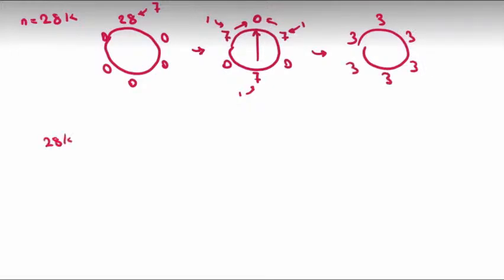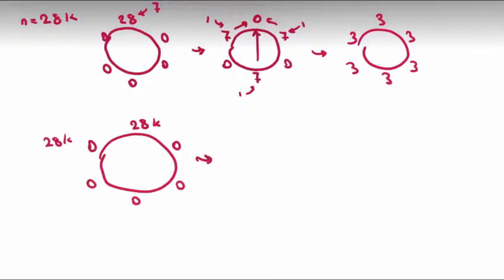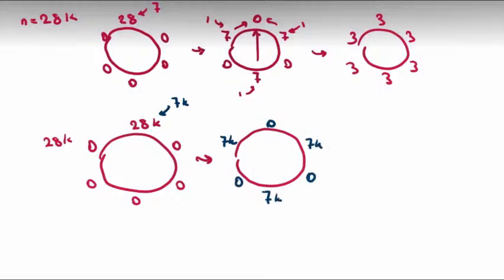Now I use this way for 28k. So 28k, 0, 0, 0, 0, 0. Then I use 28k, how many times? 7k times. So it will be 7k, 0, 7k, 0, 0, 7k.